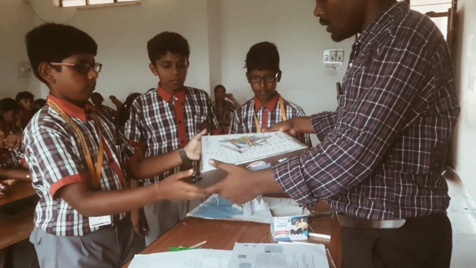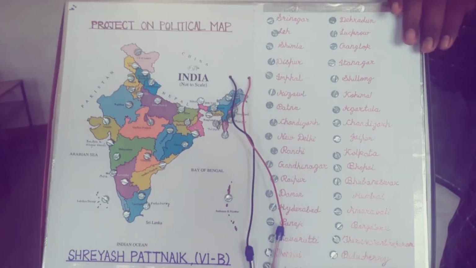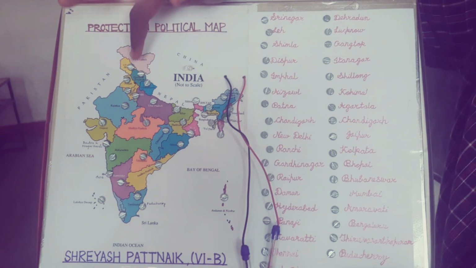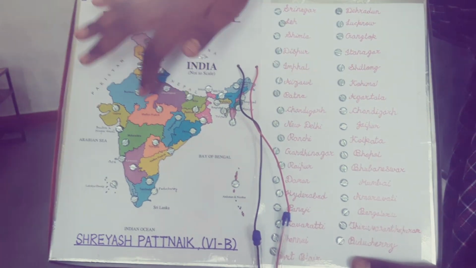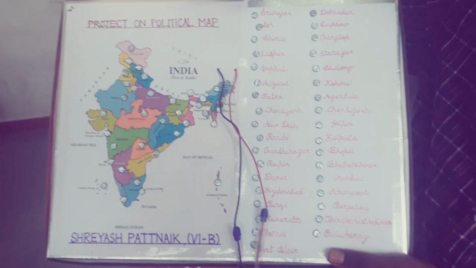Okay, Srujal, the camera boy, please show it. Political map of India. And in this map, what are these lines that have been demarcated? This is the boundary of the different states. So, what is a political map?